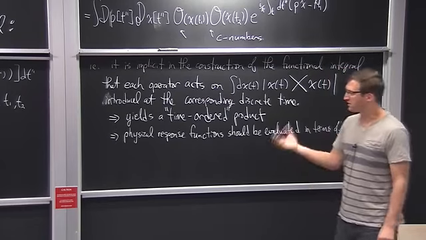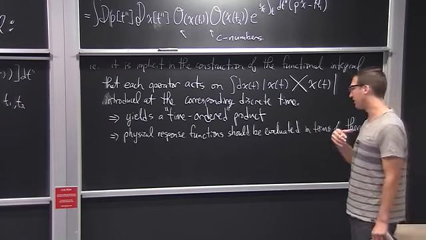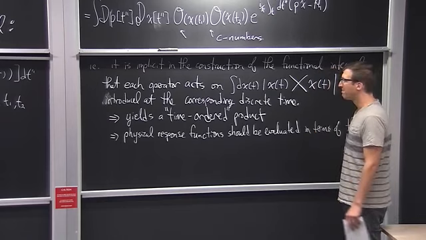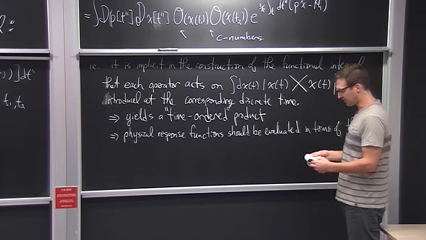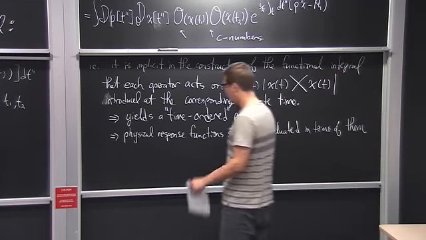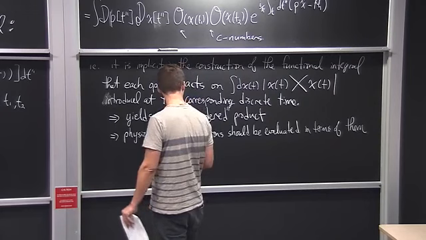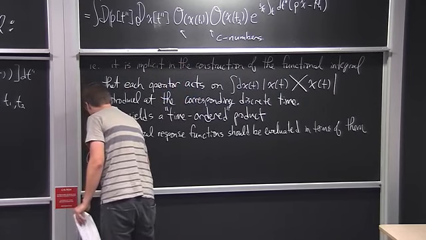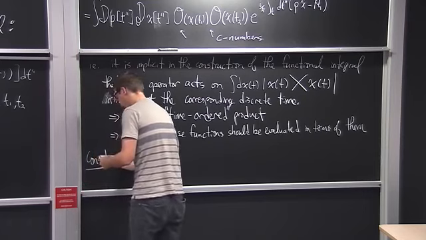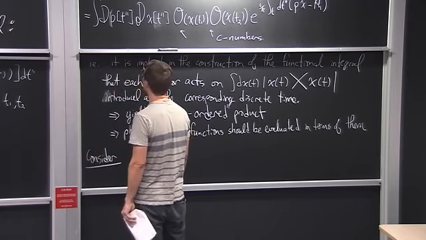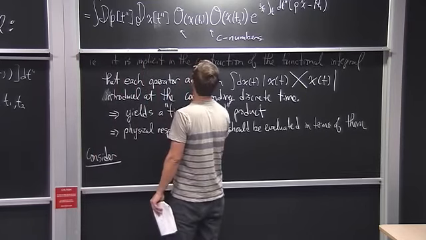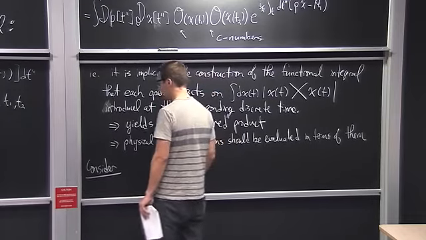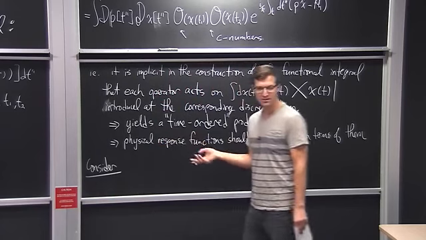And if you take Elizabeth's class, you'll discuss advanced and retarded Green functions and so on. All we're going to look at today is just a thermal Green function. Okay, so the thermal Green's function is the case when these operators, which again could be different, are just the field operators.